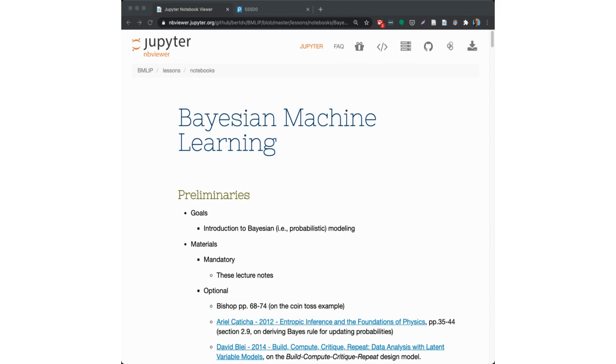I did have a short question. It's about something in the reader, at the end of the reader for this lesson, it says the maximum likelihood estimation is an approximation to Bayesian learning. Yes.